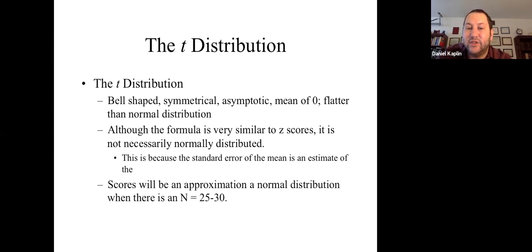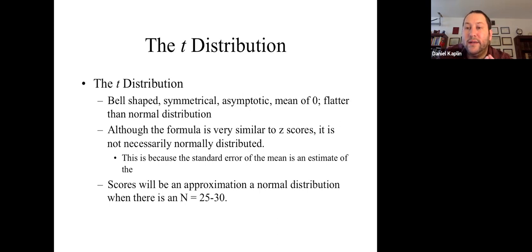Now, t-distributions tend to be a little bit flatter than z-distributions. That's important to understand. And the reasoning for that is that it's more of a conservative estimate. If you had all of the individuals from a population, you could have a perfect shape. But as you have fewer numbers, it gets flatter, right? So that's just one of the principles.